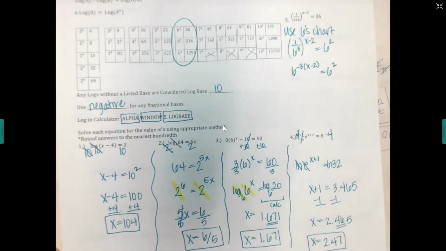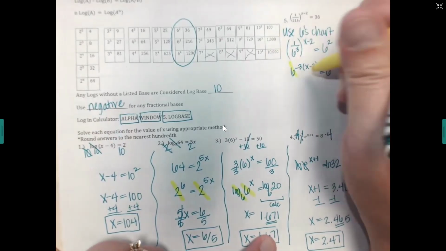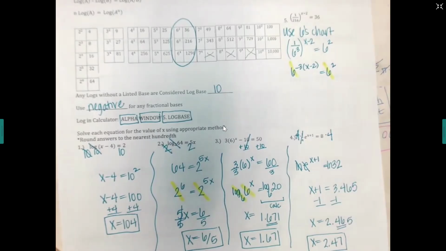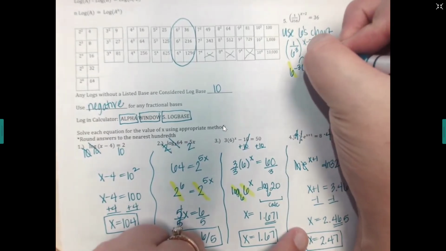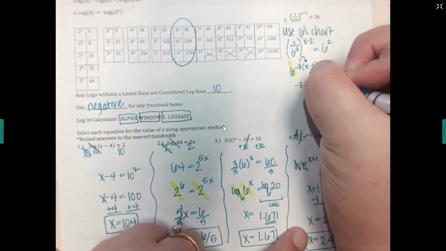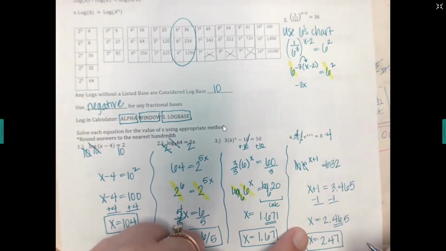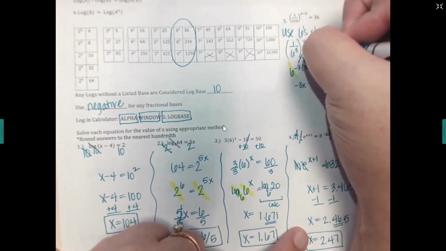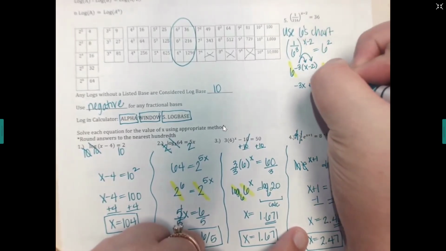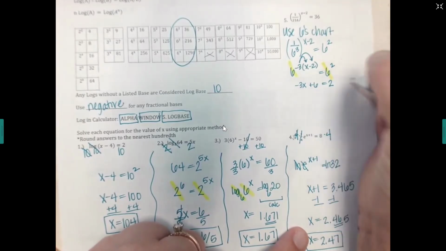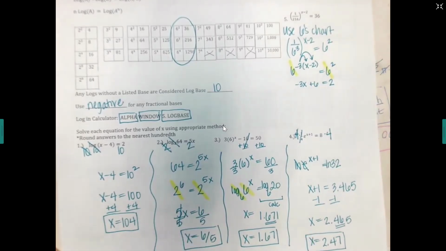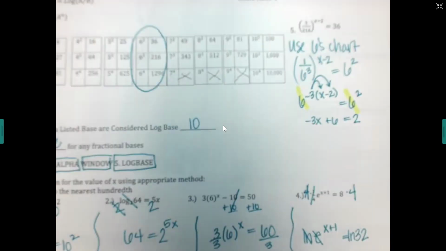Then from there, what can we do with the 6's? Okay, and then remember that if your minus 3 is next to an old exponent, you'll have to times it in. So negative 3 times x is a negative 3x. Negative 3 times minus 2 will go to a plus 6. What will my next step be?